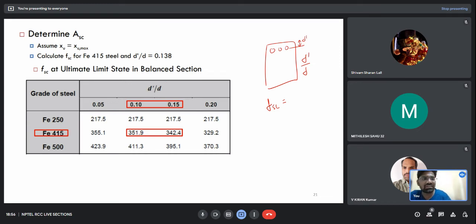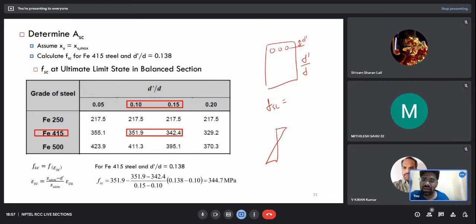Because the compressive bars have a different strain than the strain present in the tensile bars. So I can calculate the stress in the compressive bars from this interpolation. This table you can get from IS 456. Now I am getting the stress as 344.7. Strain you can calculate from the strain diagram, and based upon that strain, you can calculate this.